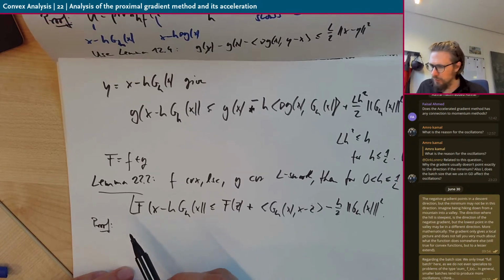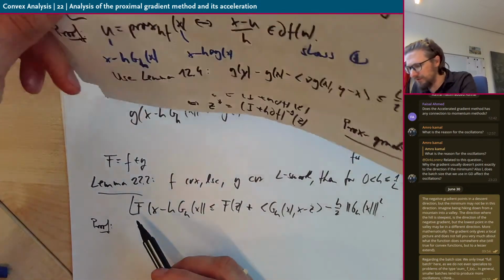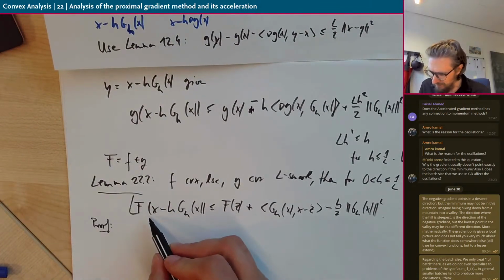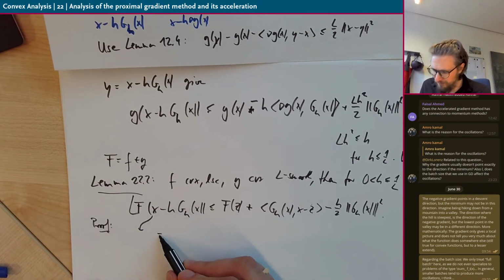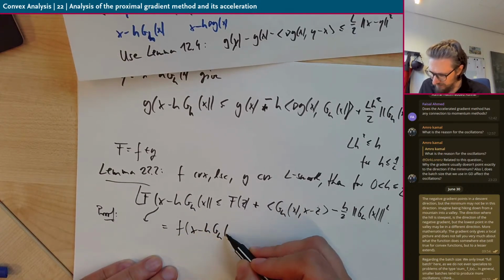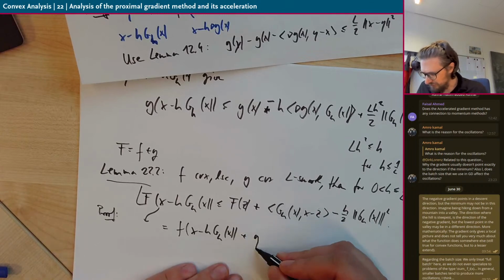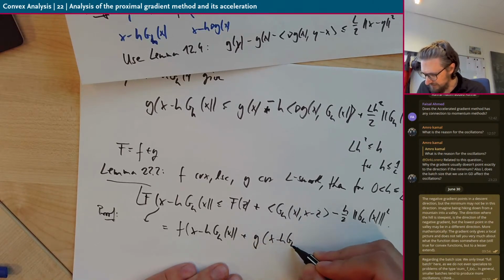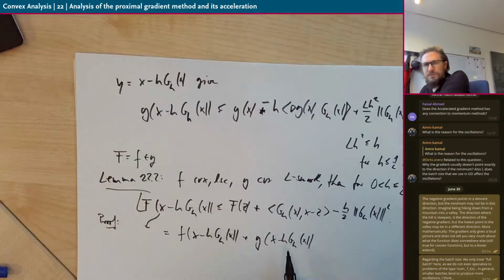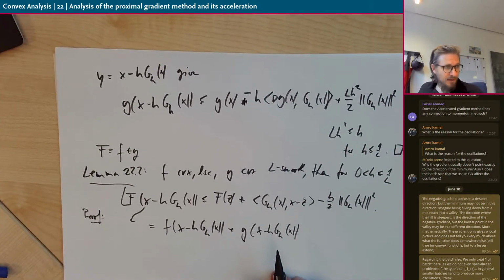We use, of course, at some point the lemma 22.1, but first let's start with the left-hand side. We write this as f of the argument x minus h gh of x plus g of x minus h gh of x. And here for this small g, we just proved an upper estimate in the previous lemma.